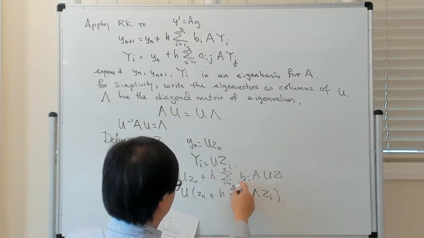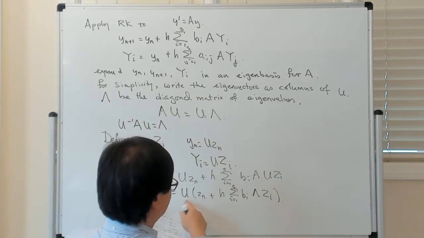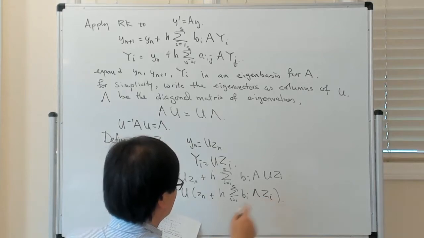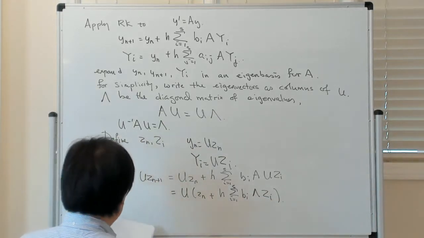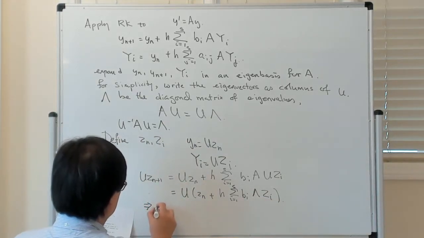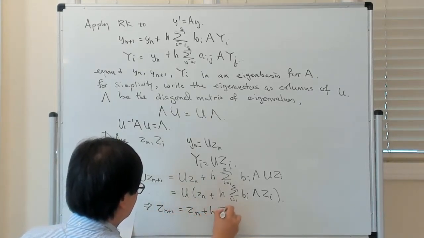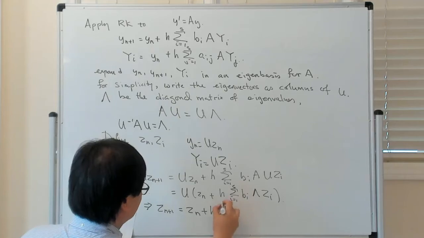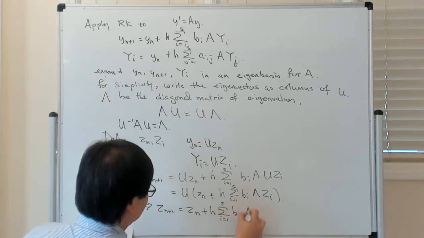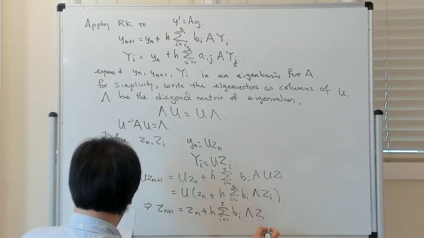So I've factored out U on the left, and I just have lambda times Z_i. So this implies that z_{n+1} is z_n plus h times the sum from i equals 1 to s of b_i lambda Z_i.